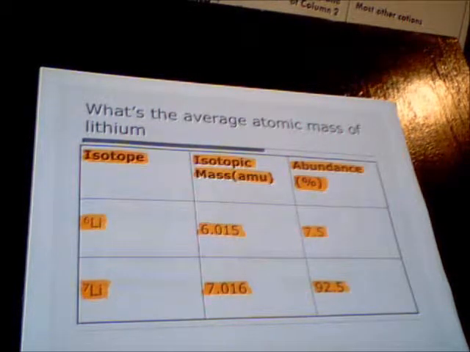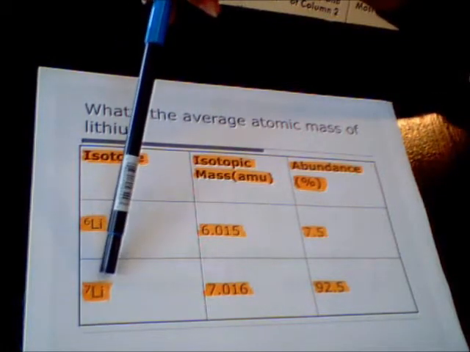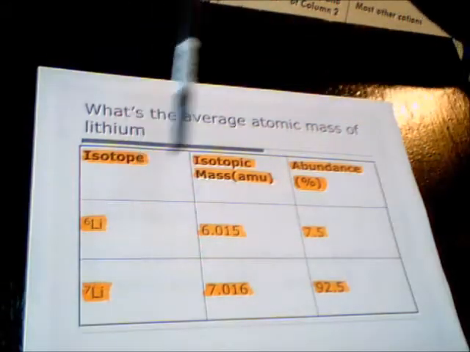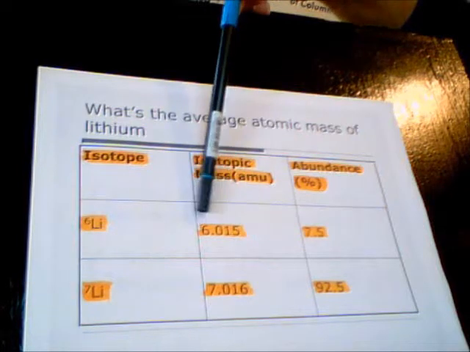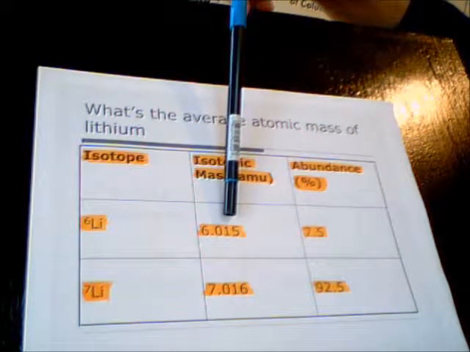This is an example of finding the average atomic mass of lithium. There are 2 isotopes of lithium that are common on this earth. There's lithium-6 and then there's lithium-7. The actual mass of the lithium-6 is 6.015.